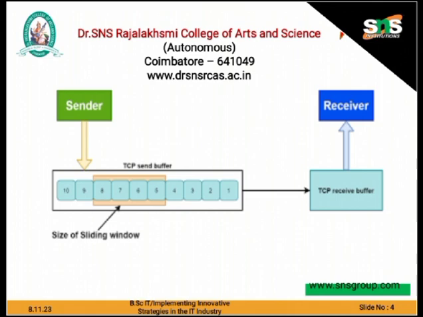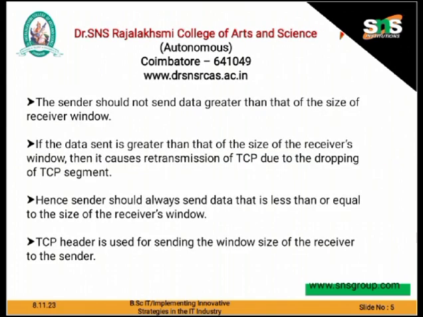For the size of the sliding window, we have to analyze the storage capacity of the sender's buffer and also the storage capacity of the receiver's buffer. On the receiver side, the TCP receiver buffer helps to store the incoming packets. The sender should not send data greater than the size of the receiver's window.